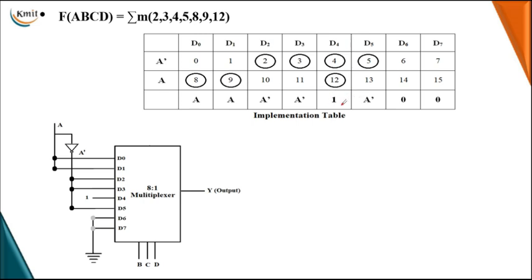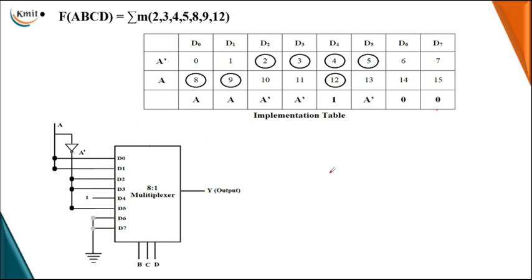Hence D4 is connected to logic 1. D5 has only one circle, on the first row, so that data input terminal is connected with A bar, whereas D6 doesn't have any circles in this column, so the data input D6 is logical 0. D7 also doesn't have any circle on the first row or the second row. Hence the data input of D7 is also connected to logical 0. Now D0 is connected with A.